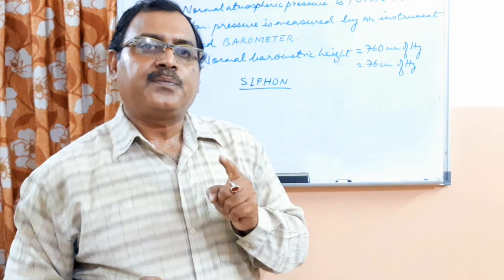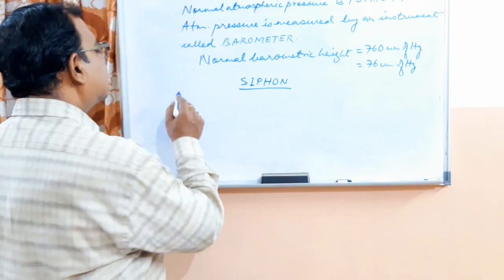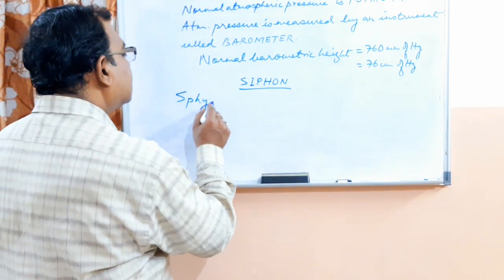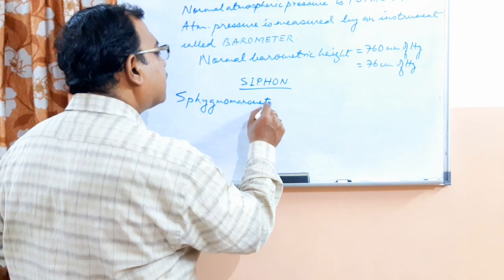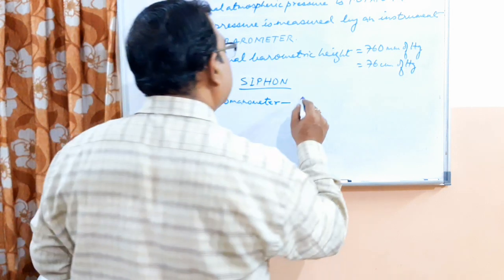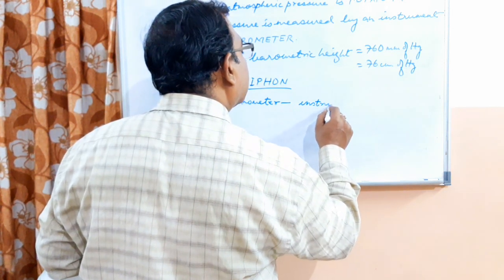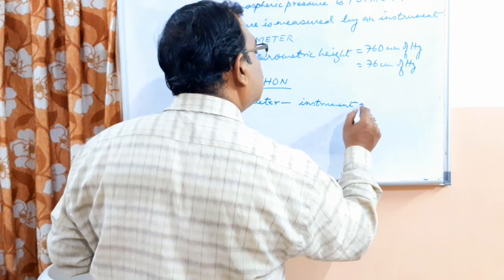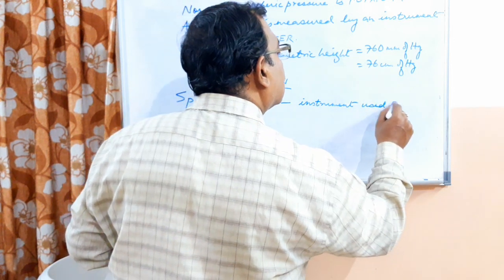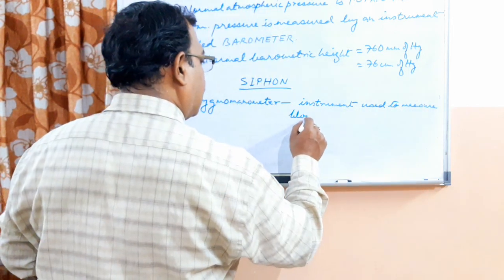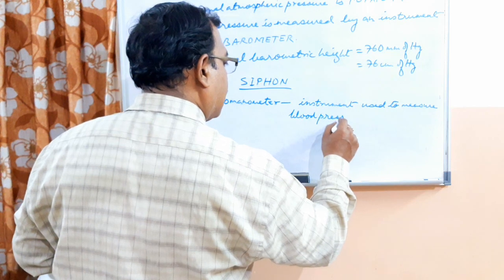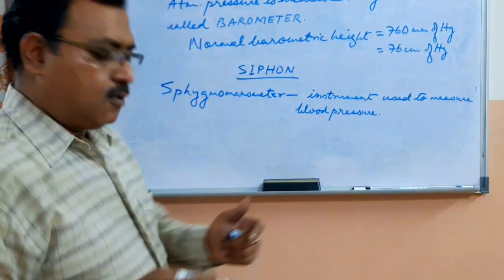The pressure of blood is measured by an instrument which is called a sphygmomanometer, an instrument used to measure blood pressure.